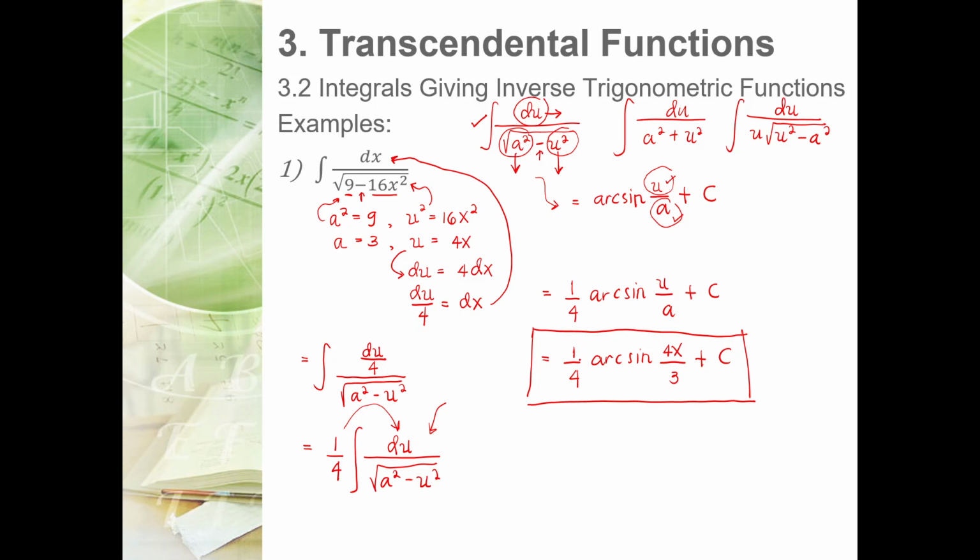You cannot combine 1/4 and what is inside the angle of your trigonometric function. Okay, so you might cancel out 4 and it will lead you to a wrong answer. Okay, so next.